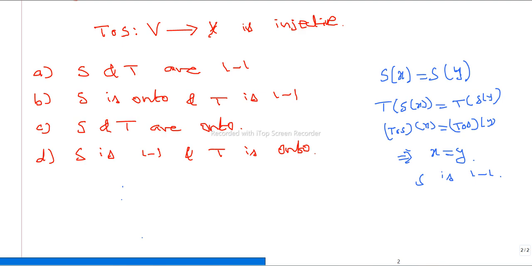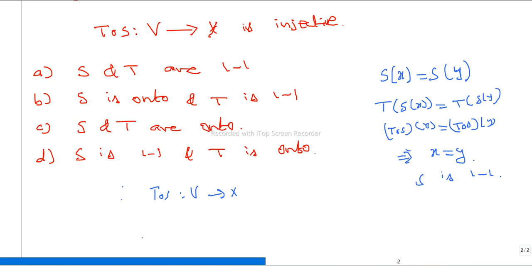So you are saying onto. T composition S is a function from V to X. You are saying that we already know it's 1-1. So therefore you are saying it is onto. Why is it onto? Because anyway both have the same dimension, and it's 1-1.